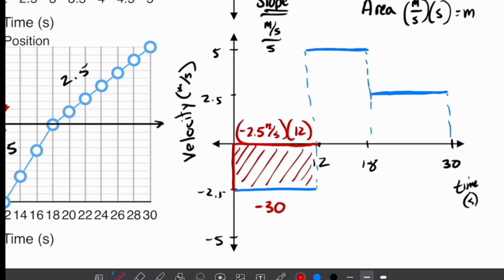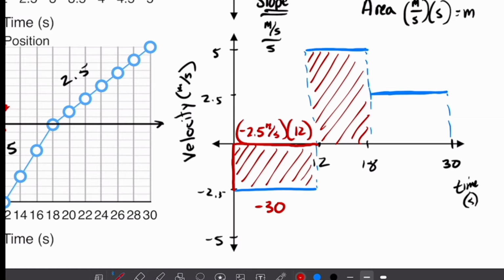But I have more areas to test. So there's this area. And here's where students may make mistakes in interpreting what this is. I have a length of 5 meters per second and a width of, is that 6? Yeah, 6 seconds, which means this area is also 30 meters.